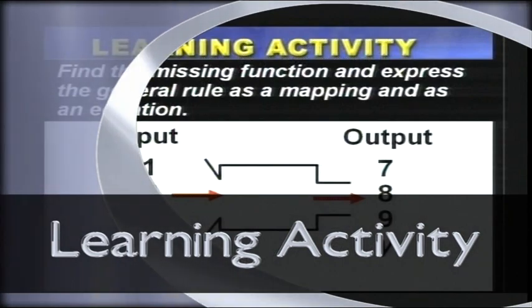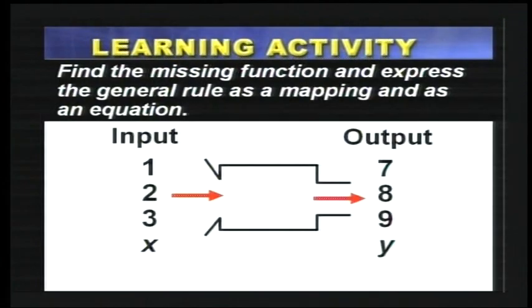We have one learning activity there that we are going to go through together first. It says find the missing function and express the general rule as we have the inputs 1, 2, 3. We don't know what the function rule is from the main function machine. The outputs are also shown there.